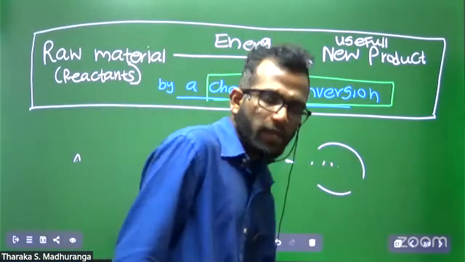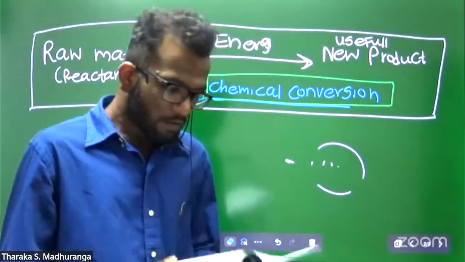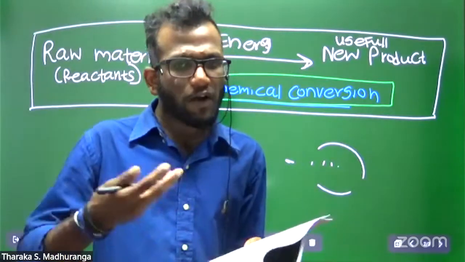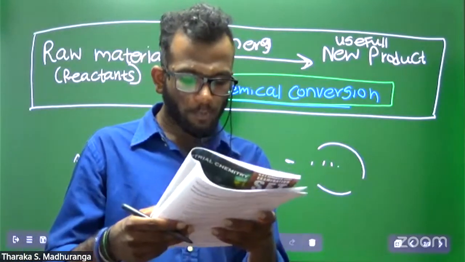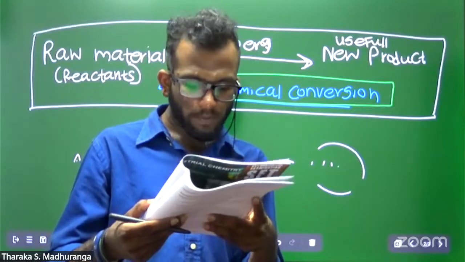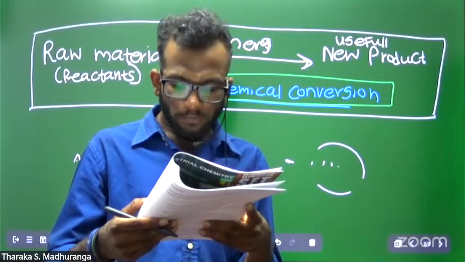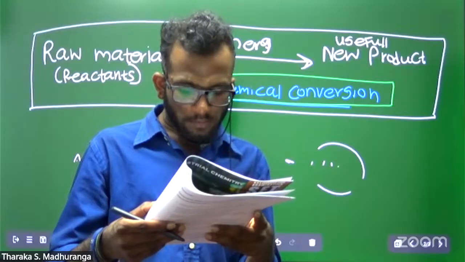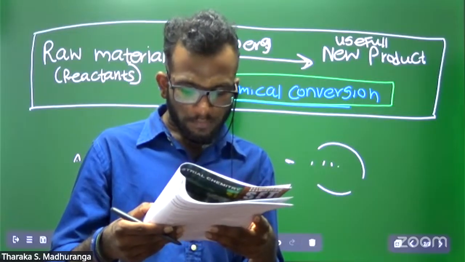Then I have given ammonia production again. For each chemical industry, what are the uses? Ammonia for agriculture. Caustic soda for soap. Sulfuric acid for vehicle batteries. Nitric acid for agriculture.